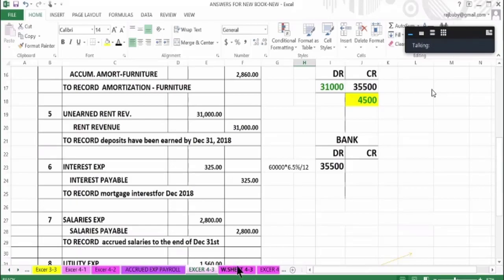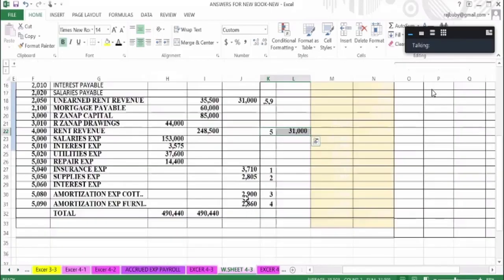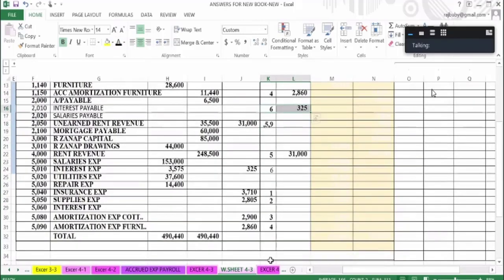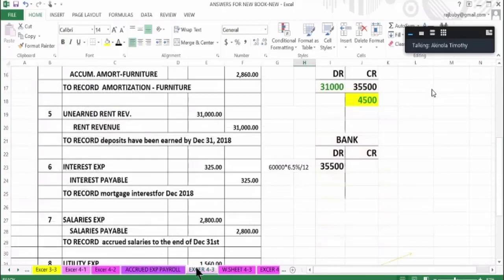Next one is interest expense and interest payable. Same thing, salaries expense and salaries payable.